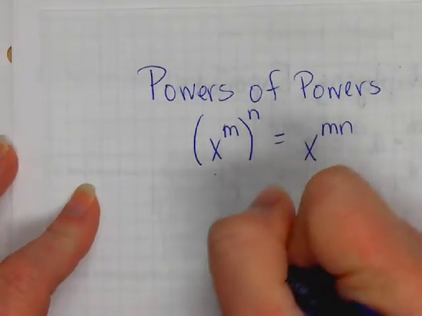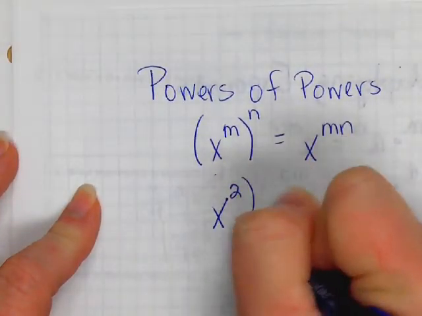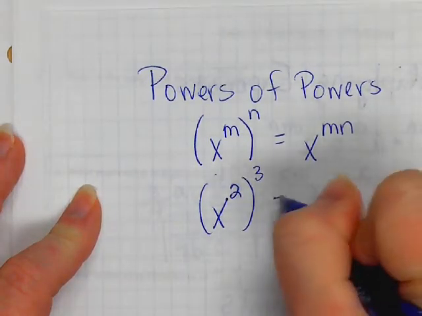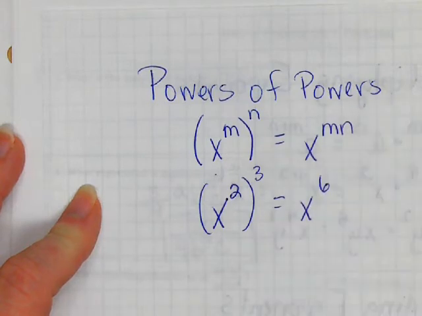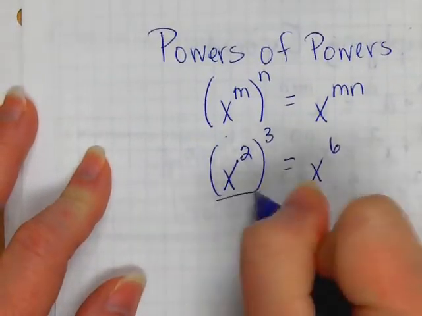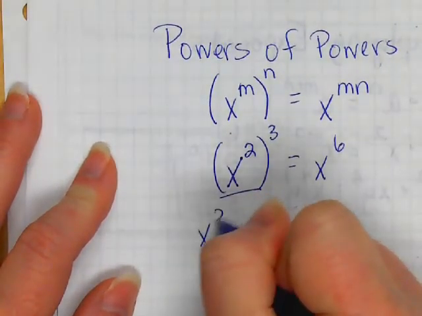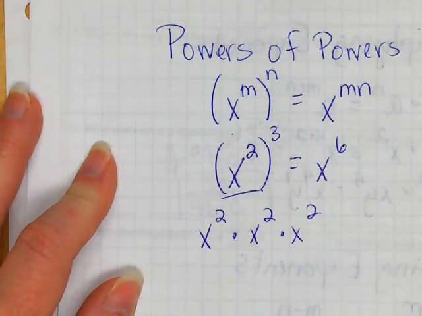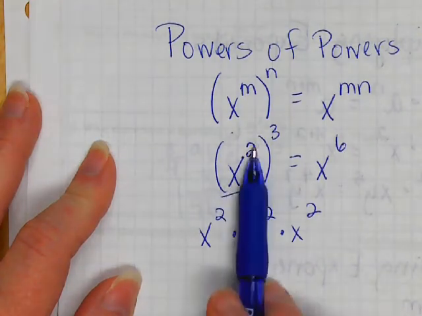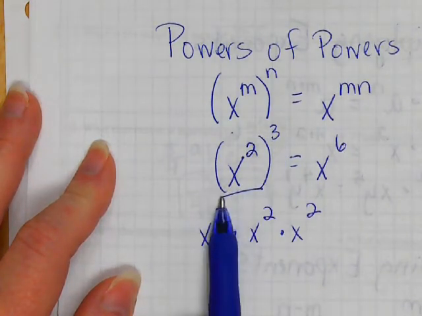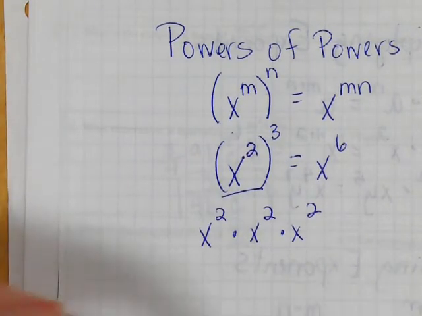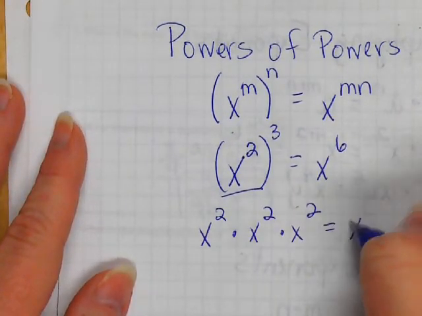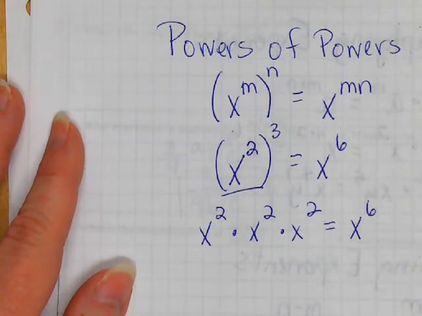For example, x to the 2 all raised to the 3 is going to be x to the 6th. Because essentially what that's saying is we have this 3 times. If I listed that out, x squared cubed means that I have x squared times x squared times x squared. So essentially then I'm back to just adding them, so I'd have x to the 6th.